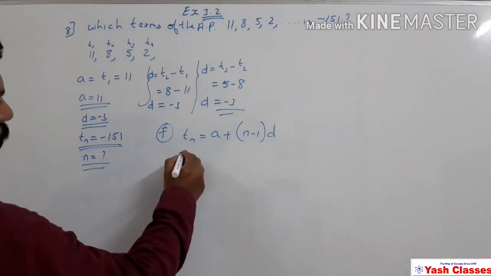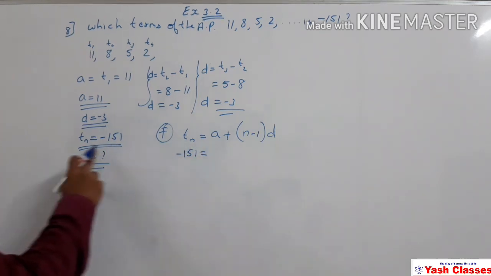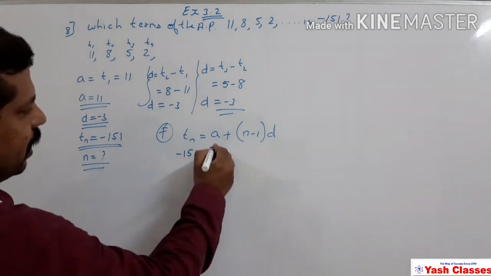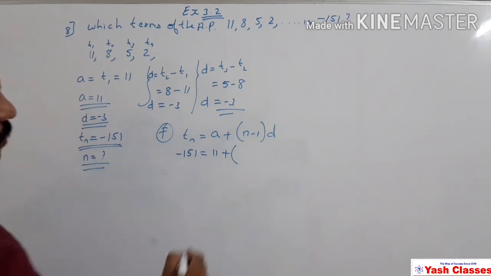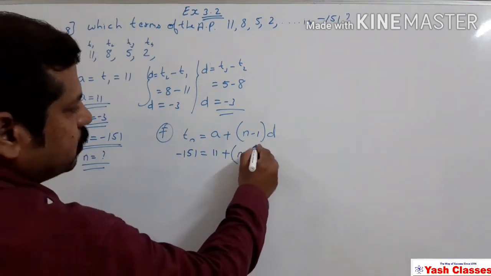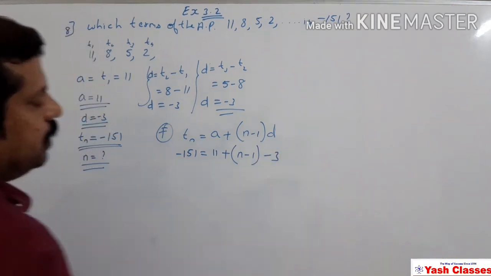Now Tn is minus 151. A is 11. Bracket n minus 1, n you don't know. D is minus 3.